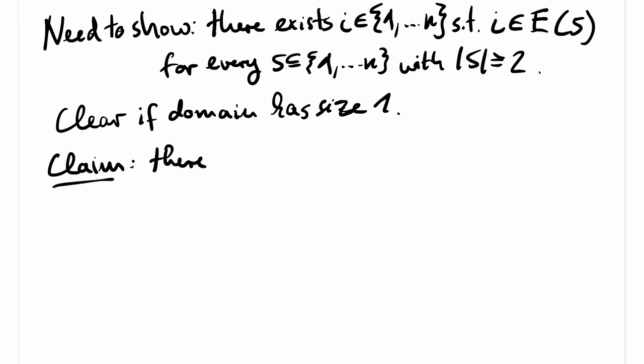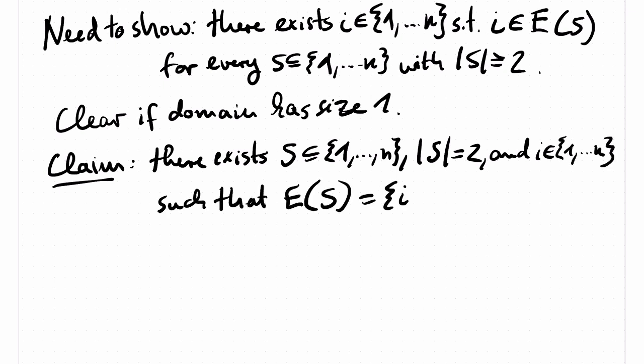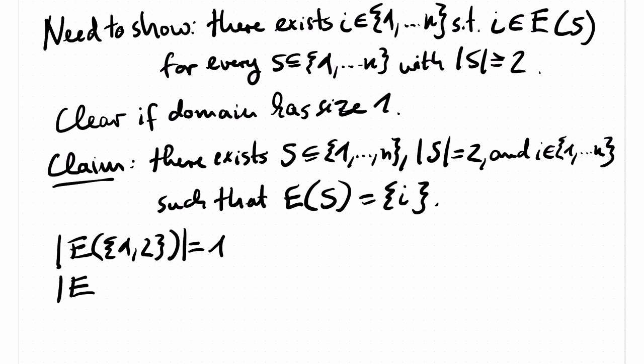We first prove the following claim. We prove that there exists a 2-element set of indices, S, such that E of S equals the singleton set i. To prove the claim, we consider the set 1, 2 and the set 3, 4. If E applied to one of these two sets is a singleton set, we are done.